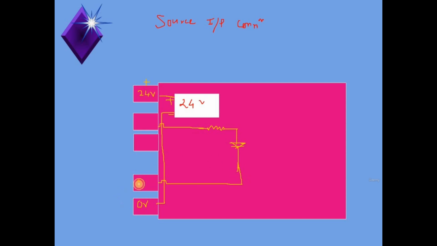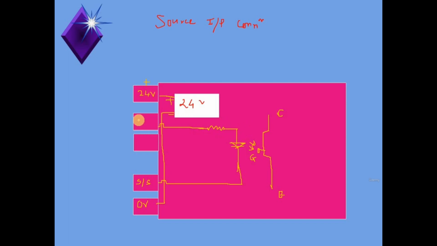Here you can observe the S oblique S, which means this is the sink and source terminal. Now, as we know, when you are providing the power supply, the light will get incident on the gate terminal. This one is the gate terminal, this one is the collector, and this one is the emitter. We have already discussed the optocoupler concept, so I'm not going to tell you again here.